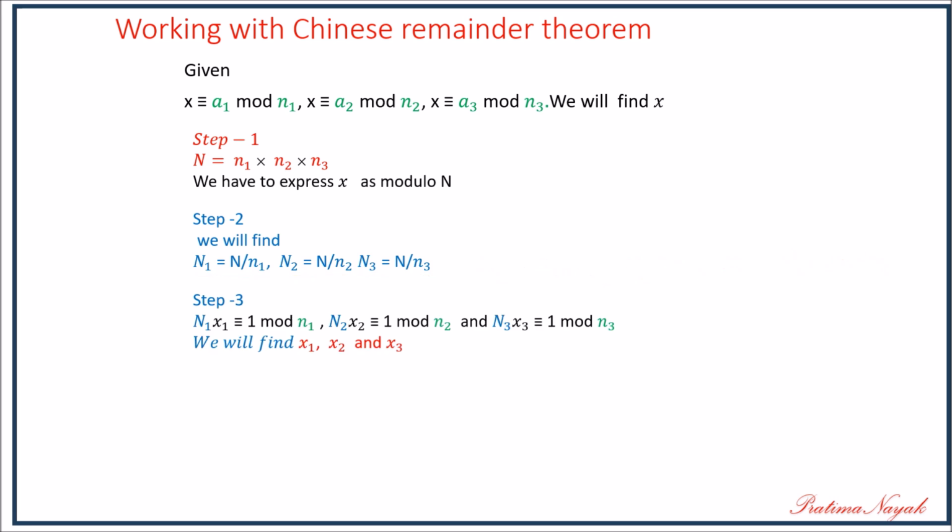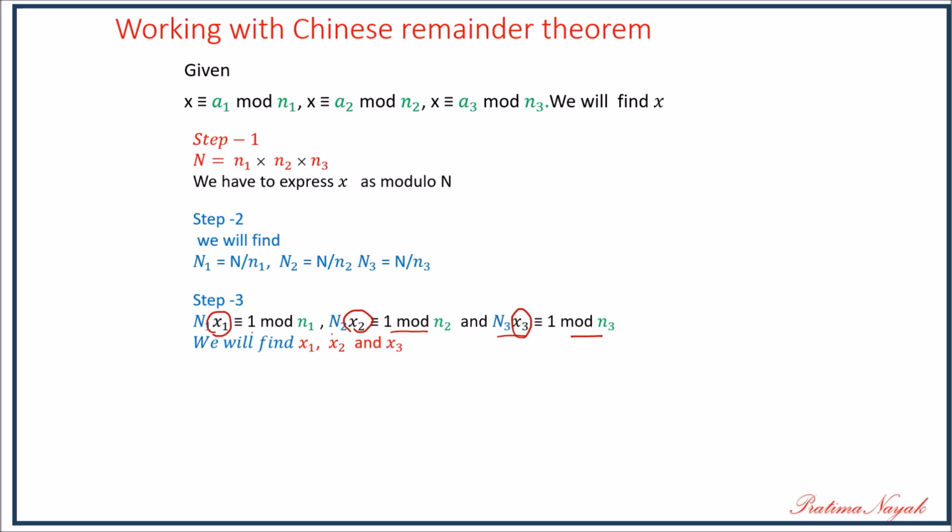Step 3, you will find the value of x1, x2, x3 with three equations. N1 x1 is congruent to 1 modulo n1, N2 x2 is congruent to 1 modulo n2. This step is very important, and N3 x3 is congruent to 1 modulo n3.